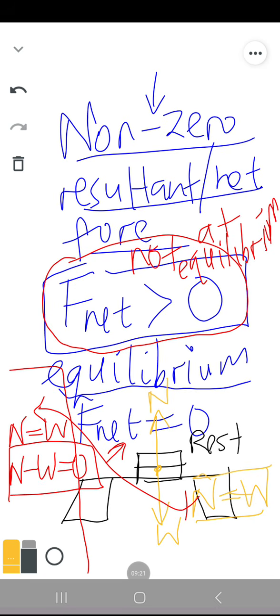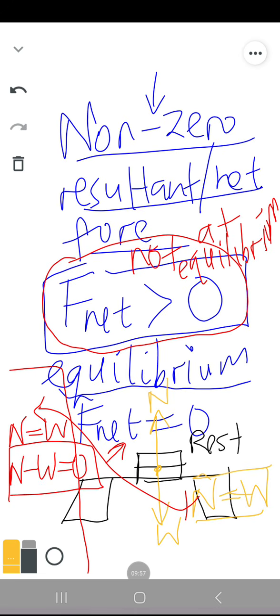So that's the thing that you must know, guys. At equilibrium, F net is equal to 0. If your object is not at equilibrium, F net is greater than 0 or F net is less than 0, which means your F net is non-zero. Newton's first law only applies to stationary objects, objects which are at rest, and to motion at constant velocity, which means it only applies to equilibrium forces.